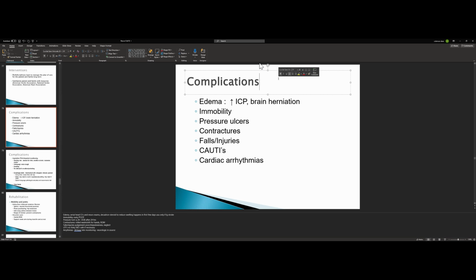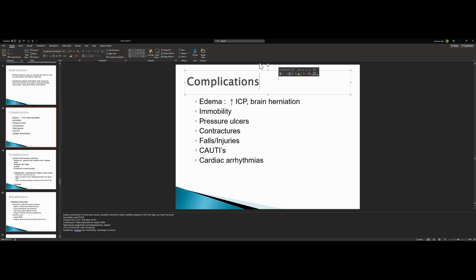Obviously, we're going to have issues related to immobility, i.e. pressure ulcers. Patients can develop contractures over time from disabled limbs. Patients who have balance or gait issues from weakness or other causes can have falls, can have secondary injuries.